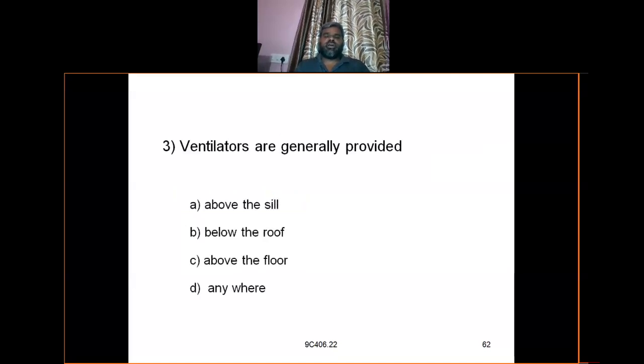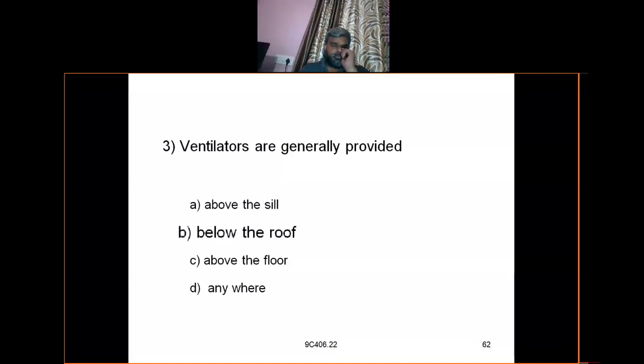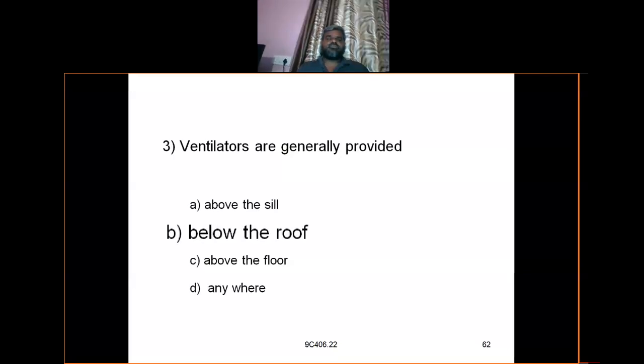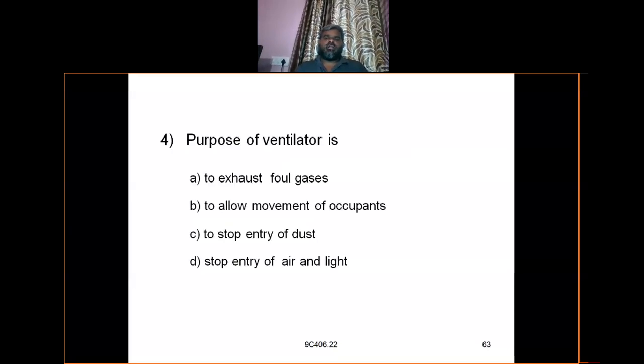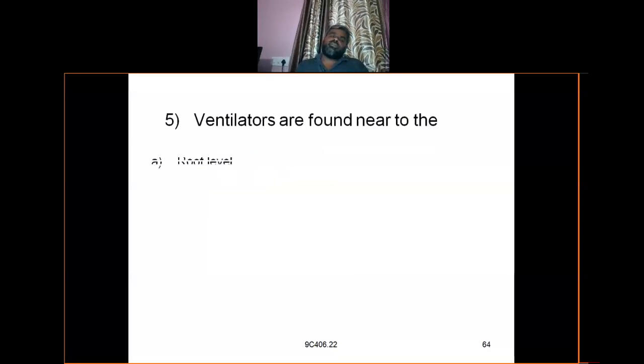Ventilators are generally provided above the sill, below the roof, above the floor, anywhere below the roof. The purpose of a ventilator is to exhaust coal gases. Ventilators are found near roof level.